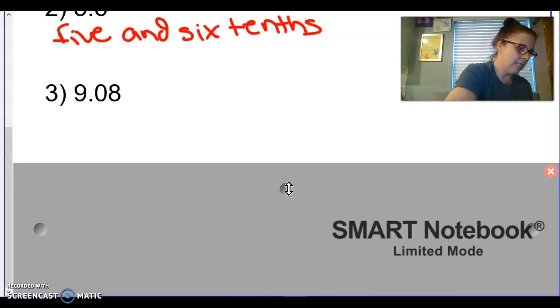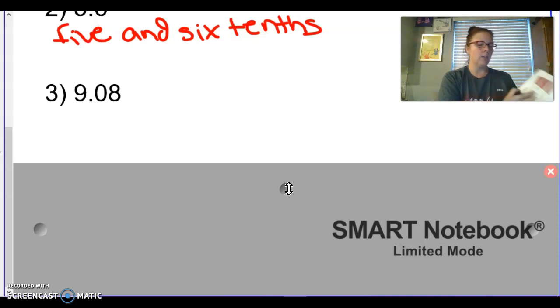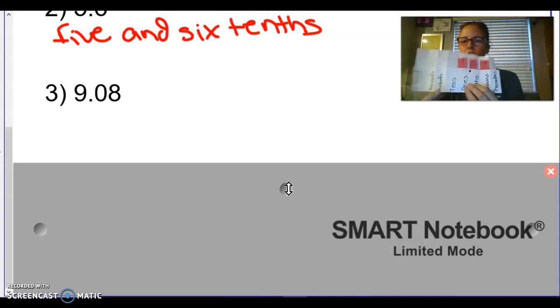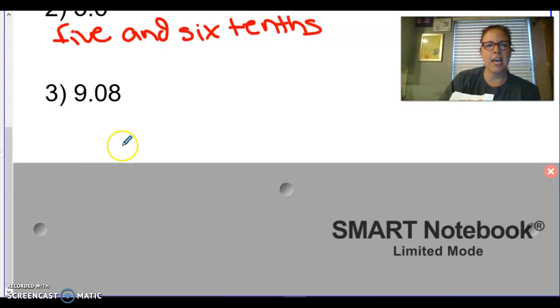Let's hope I can find an 8. There's a 7, here's an 8. So 9, and again, if you don't have yours, just say it out loud. 9 decimal 0 8. So we're going to read that as 9 and, you don't have to say the 0. 9 and 8, what is it? Hundredths. 9 and 8 hundredths.